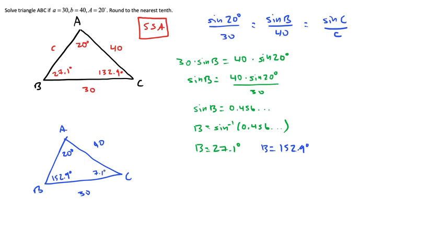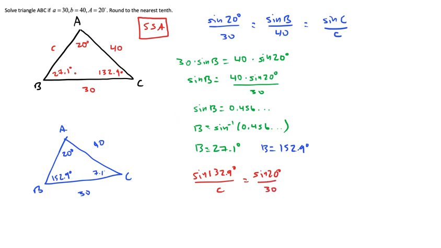Then we can just use the law of sines again to calculate side C. And notice we have to do this twice because of the two different possibilities. The sine of 132.9 divided by its opposite side C is going to equal the sine of 20 divided by 30.